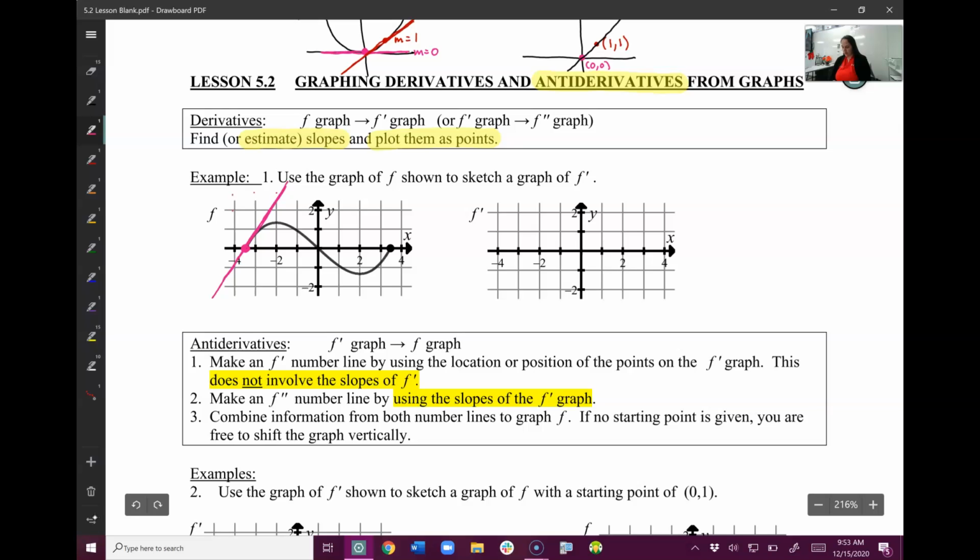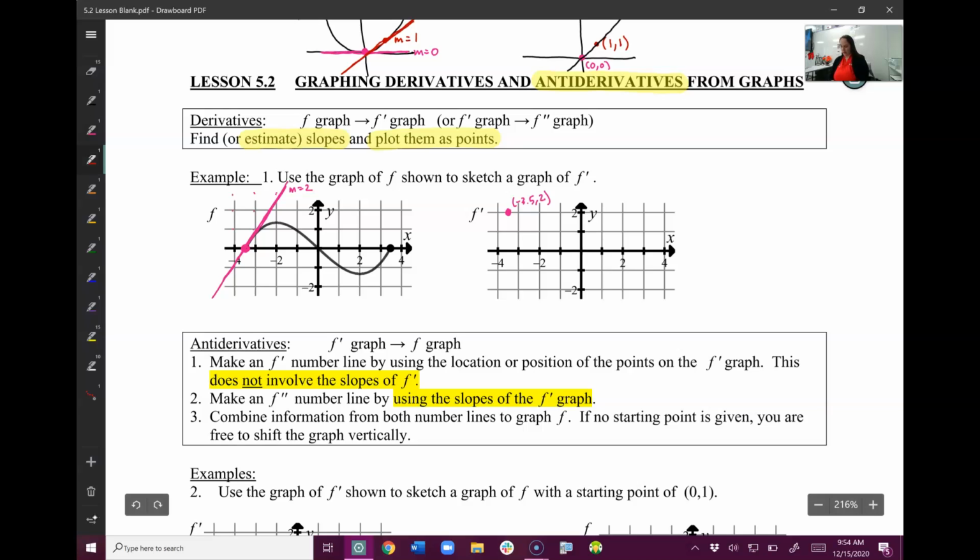So it looks like it's going up 2 over 1. So this would be a slope of 2. So now I would go to negative 3.5, comma 2 on the derivative, because at negative 3.5, the slope was 2.